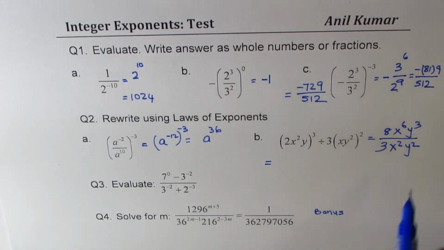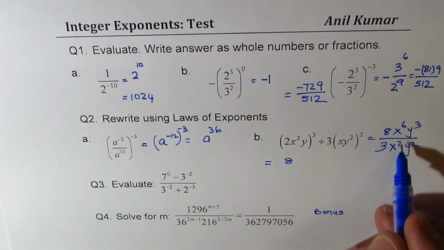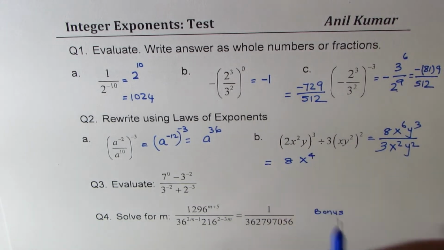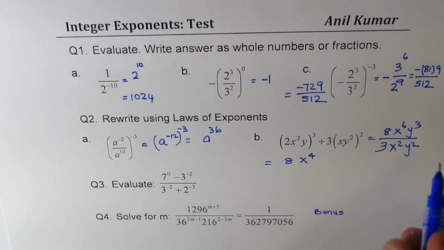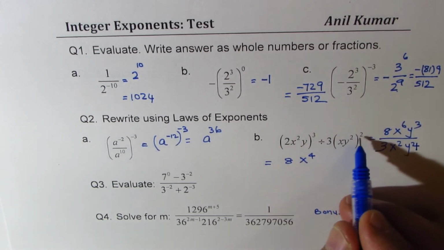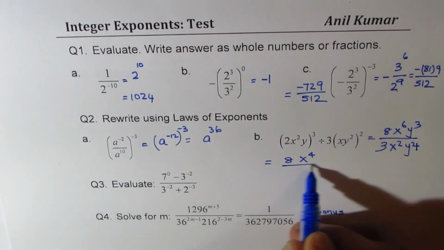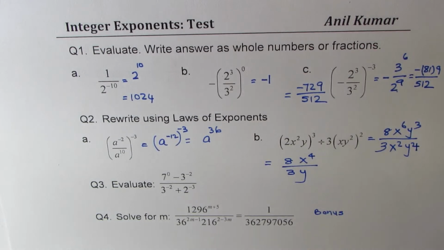So which could be written as 8 divided by 3, x to the power of 4, y, just number y. Sorry, this was 2 times 2 as 4. I should have done 2 times 2. So we get y in the denominator with 3y. Correct? So that becomes this.